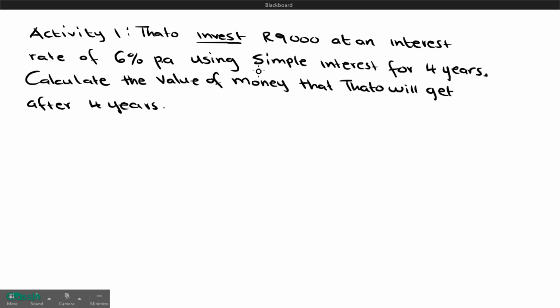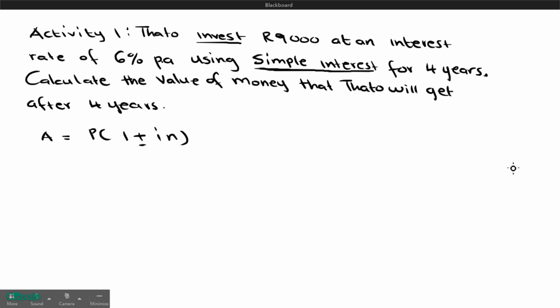Now, because it is clear that Thato is using simple interest, it means that we are going to use the formula for simple interest. But now we need to understand each and every element: 1 plus or minus i n. I mentioned earlier that if the formula says plus or minus, you check what? The simple interest.